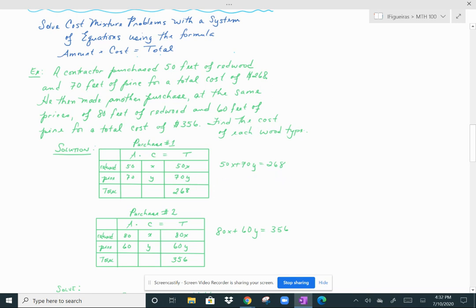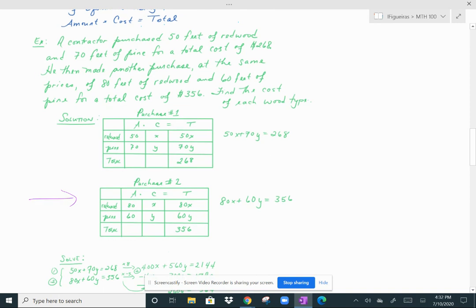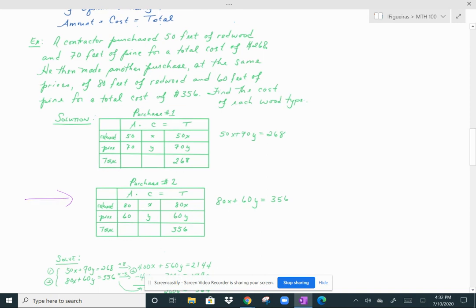All right, now let's use the information to set up my second purchase. Again, redwood and pine, 80 feet of redwood, 60 feet of pine in the second purchase. This time the contractor spent $356. So here's our second equation, 80x plus 60y equals 356.